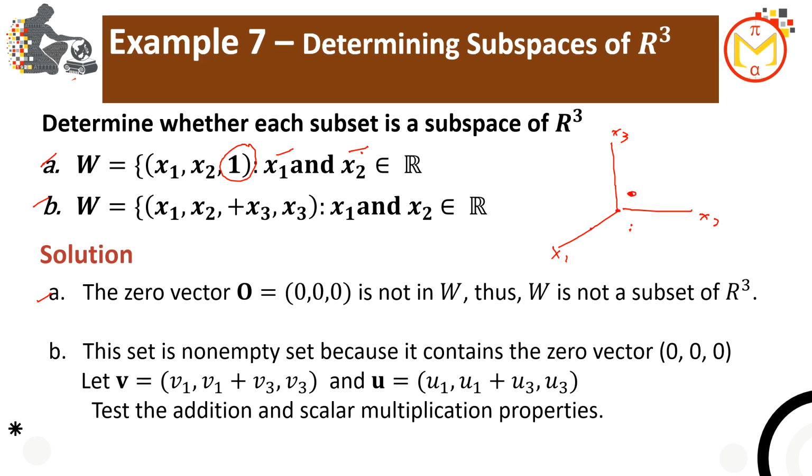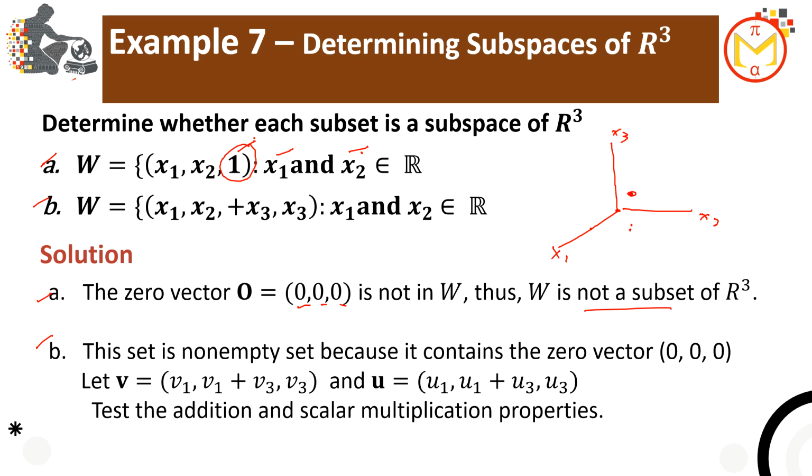It does not pass through the origin. That's why it does not contain the zero vector (0, 0, 0). Looking at this point, it will never belong to the zero vector. So it is not a subspace.